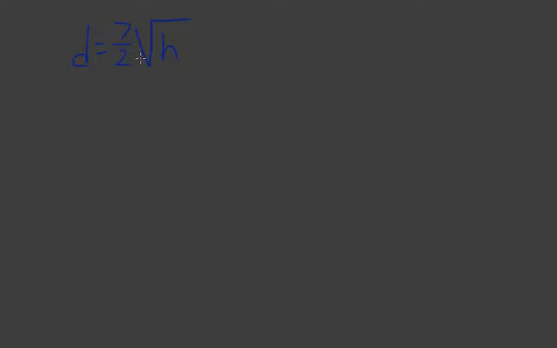This D is the distance that you can see in kilometers. And H is how high you are above the ground in meters.